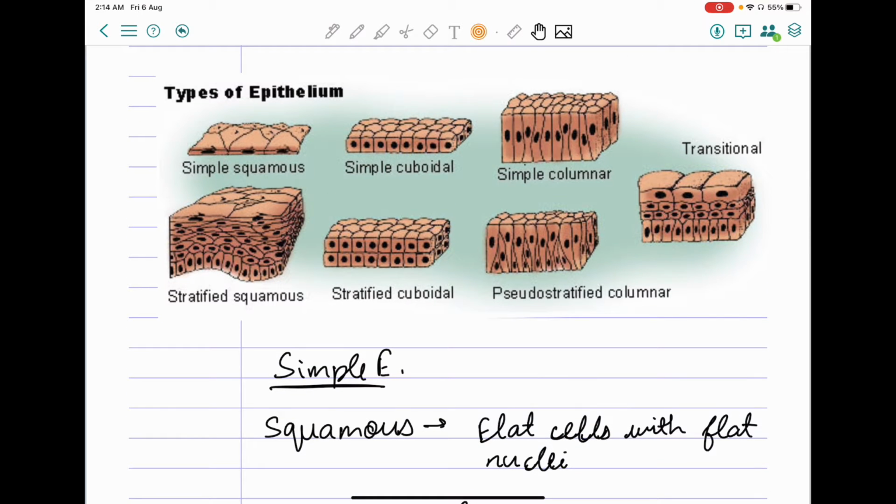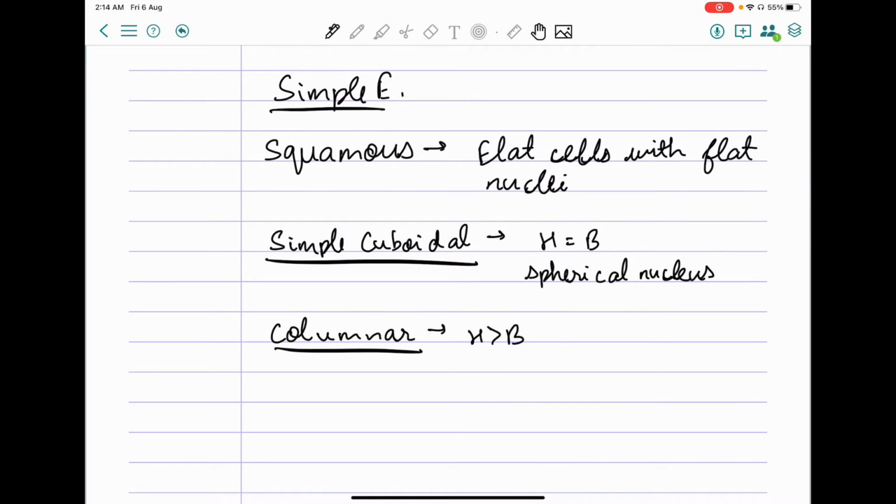You can see in the diagram, height is more than breadth, and the nucleus is an oval base nucleus.